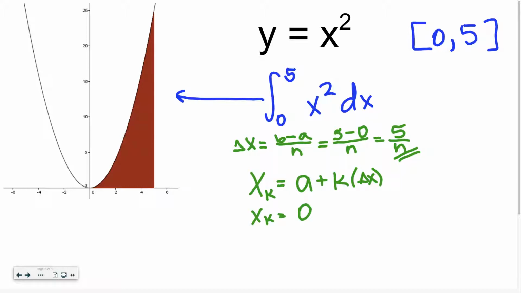A is 0 plus k times delta x. So essentially, we have 5 over n times k. It's nice in this example that a is 0, which is why I started with this.